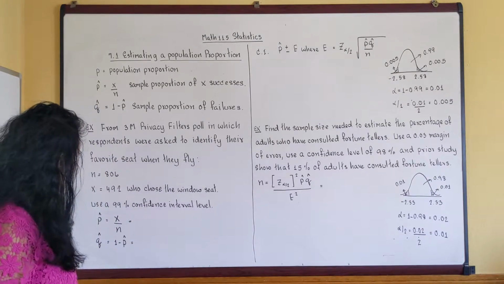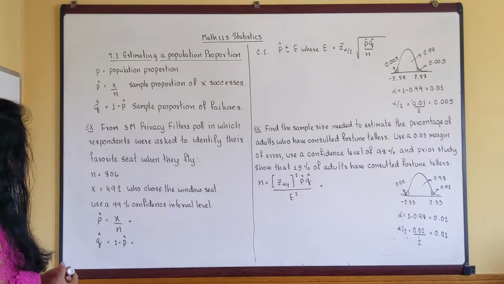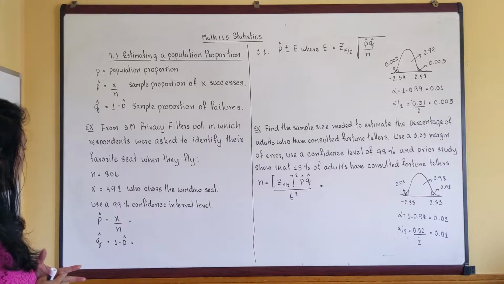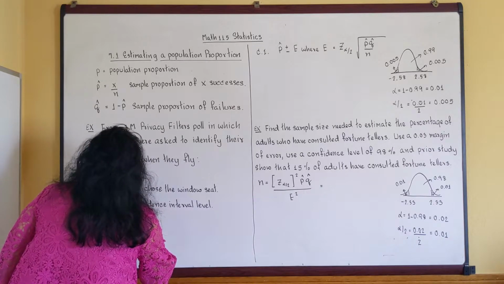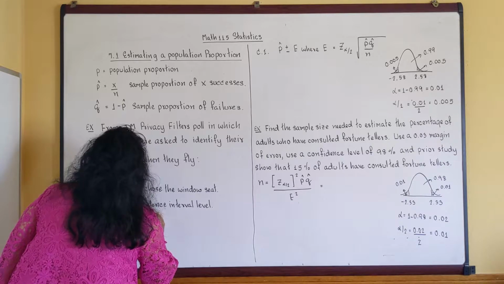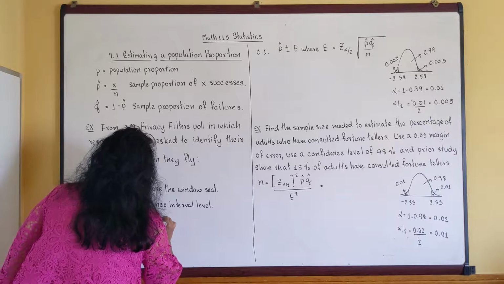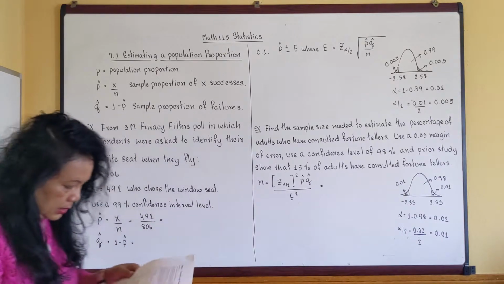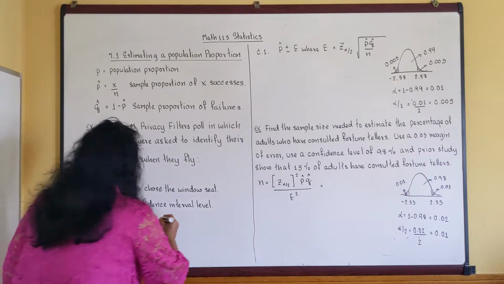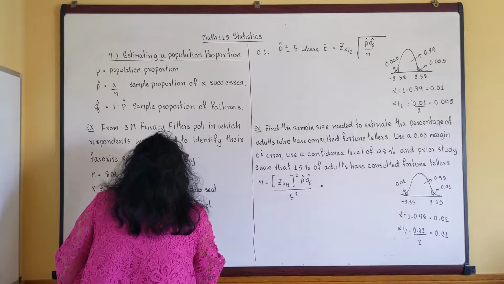Now let's do our calculation. P hat is x over n. X is the success. Success here are those who prefer the window seat. So I'm going to have 492 over 806. Alright, that's your p hat. If you calculate this, it's going to be 0.610.